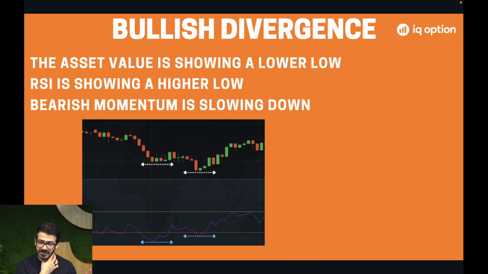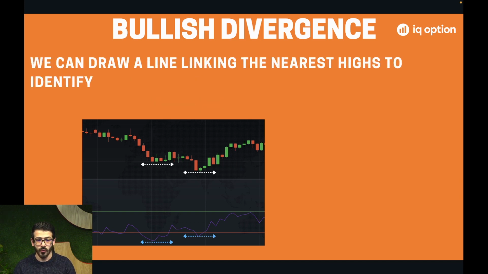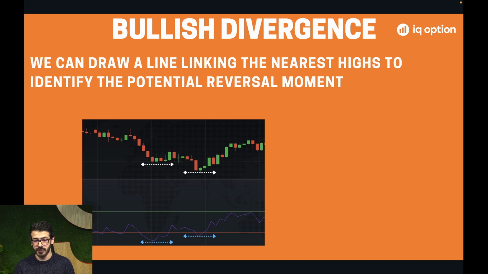The price action itself is becoming lower, but the RSI, which is reading the momentum of the price action, is telling you that the momentum is slowing down. The bearish trend is weakening. And this is why we can interpret it as a potential reversal of the trend. How can we know more? We can draw a line linking the nearest highs to identify the potential reversal moment, and we draw it like this.